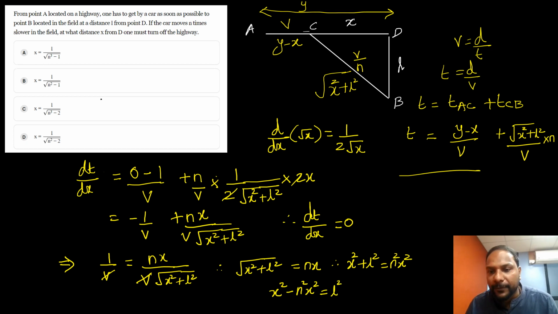Therefore x square is common. So x is equal to L divided by the square root of n square minus 1. So this is the answer for the value of x.